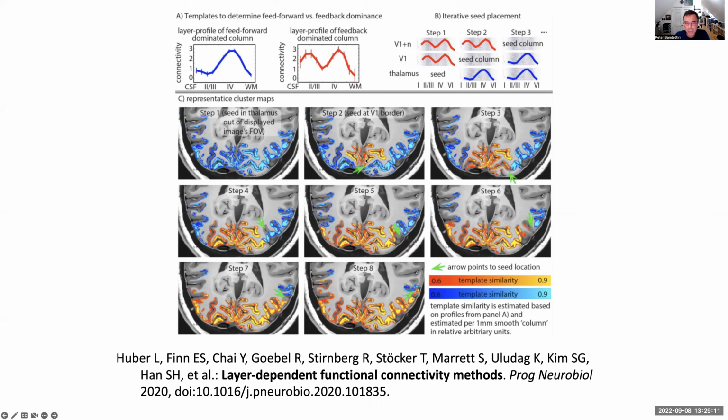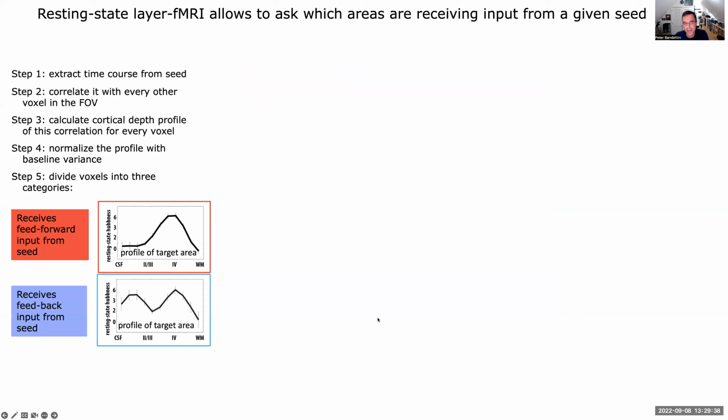So the seed is speaking to these areas, it's feeding back to those areas. As we move the seed along, you can see that all the areas beyond the seed are blue, which is the seed is still speaking to those. It's lower than those, but it's feeding back to all these other areas in this manner. And we take it all the way up to MT, and it follows that pattern, which is a very clean pattern as far as that's concerned.